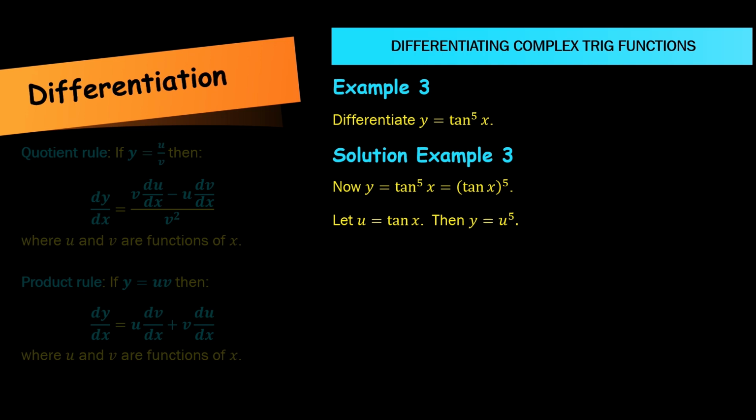So if we let u equal tan x, then we have that y equals u to the power 5. We also have that du dx equals sec squared x, and dy du equals 5u to the power 4.